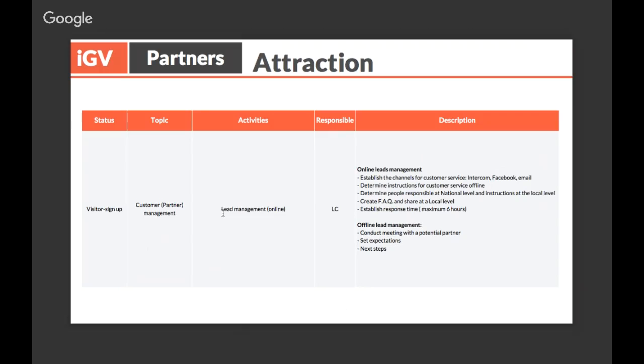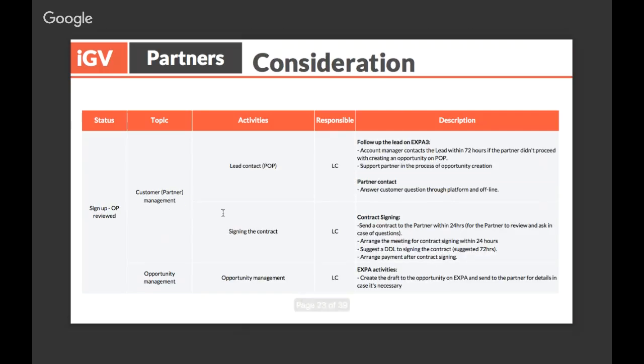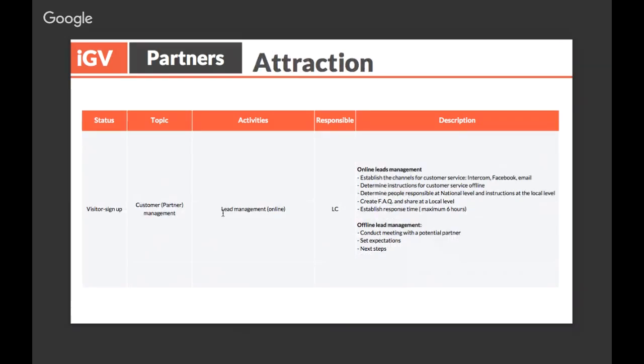In case of online, you will of course conduct meetings with the potential partner, set expectations, and discuss next steps. That would be it for attraction in iGV. Here again, it ends up with the partner signing up on POP and opening an opportunity.